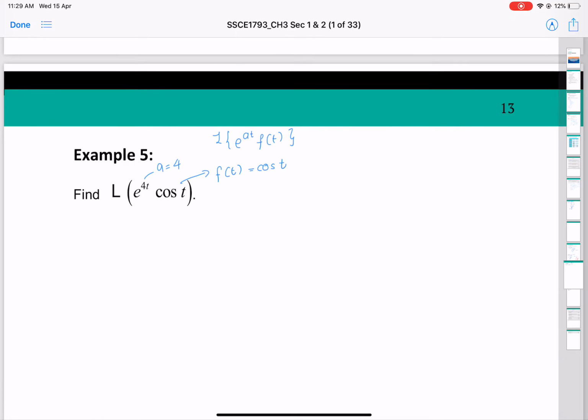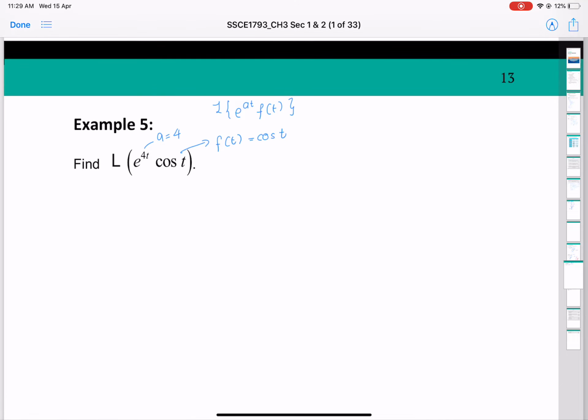So you must straight away know what your a is and what your ft is. So hence, Laplace transform of exponent 4t cos t is equal to fs minus 4. So this is by the first shifting property.